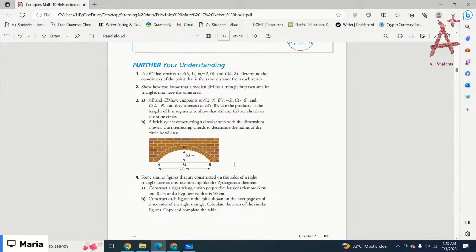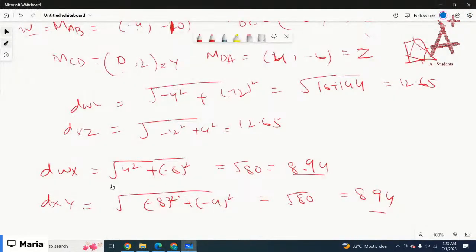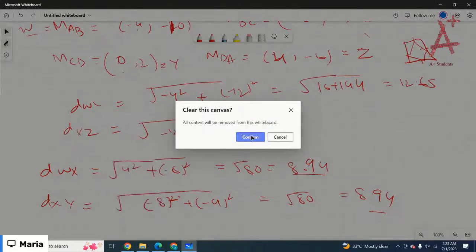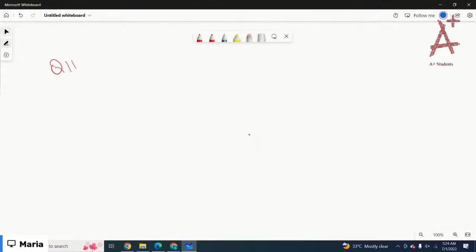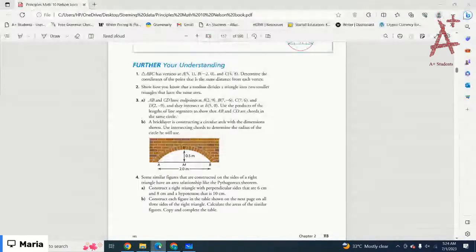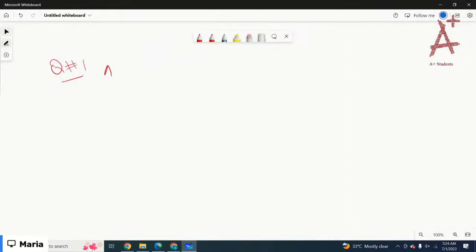Okay, question number 1. The vertices are A (5, 1), B (-2, 0), and C is (4, 8).